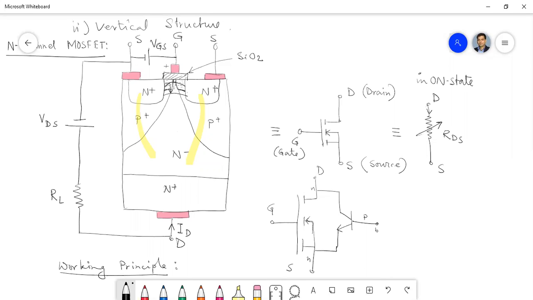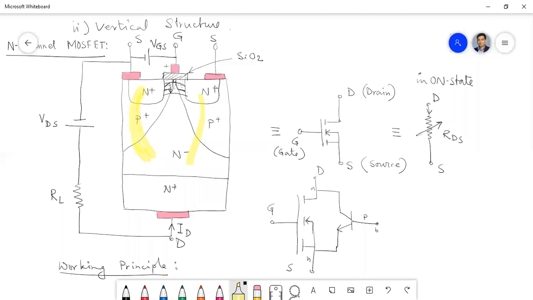As I have shown by this yellow highlighter, we have two junctions present in this device. One is this NP, another is PN. So that means an NPN transistor exists in this device.